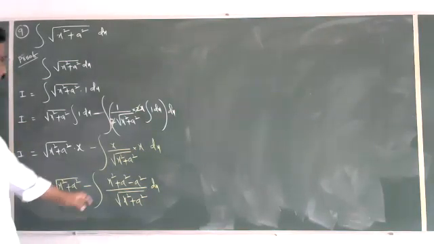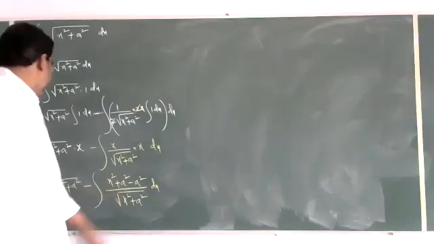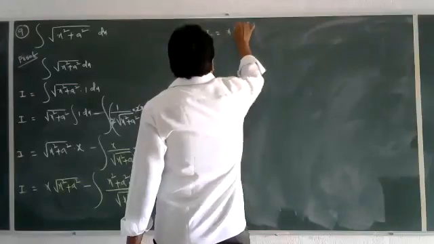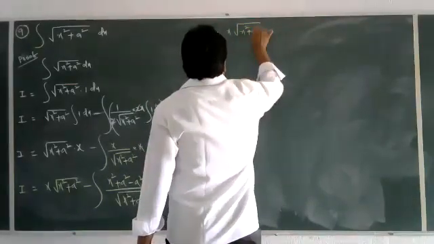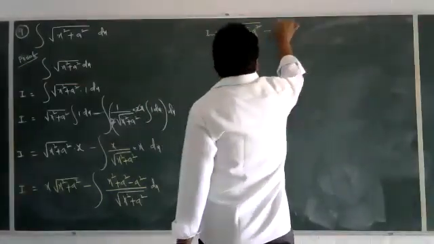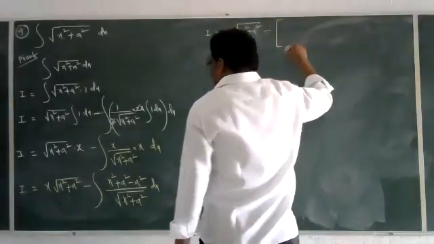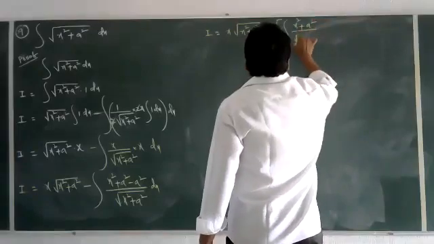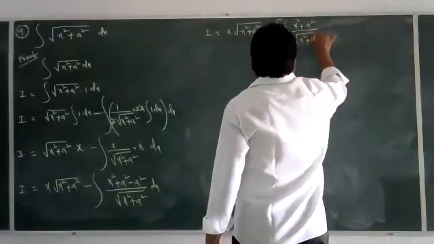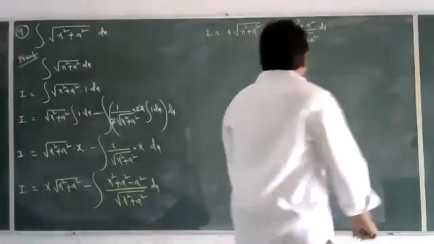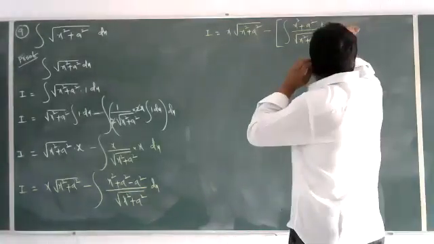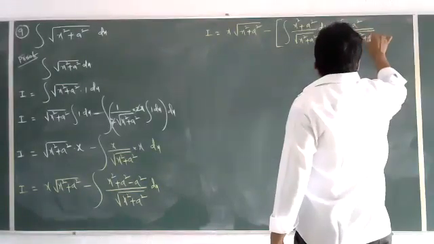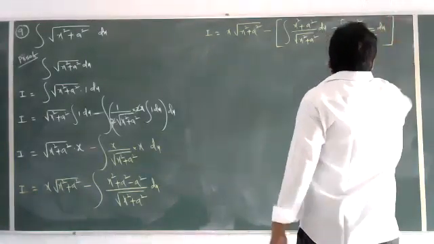So here you can split into two integrals. That is, I is equal to x into root of x square plus a square. You take minus common in the bracket: integration of x square plus a square by root of x square plus a square dx minus integral a square by root of x square plus a square dx.